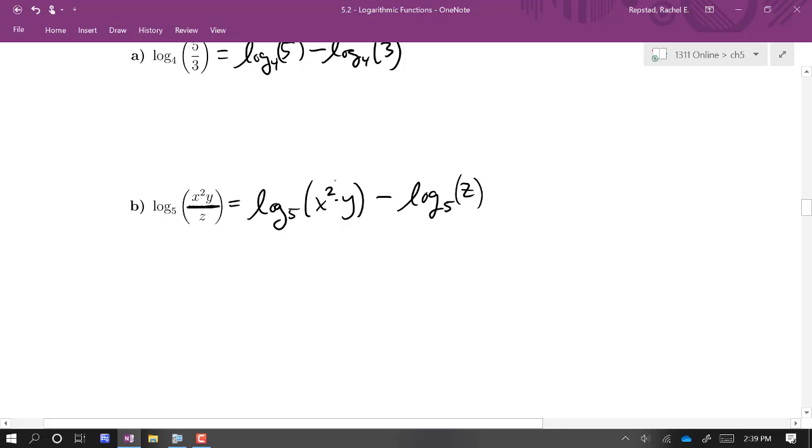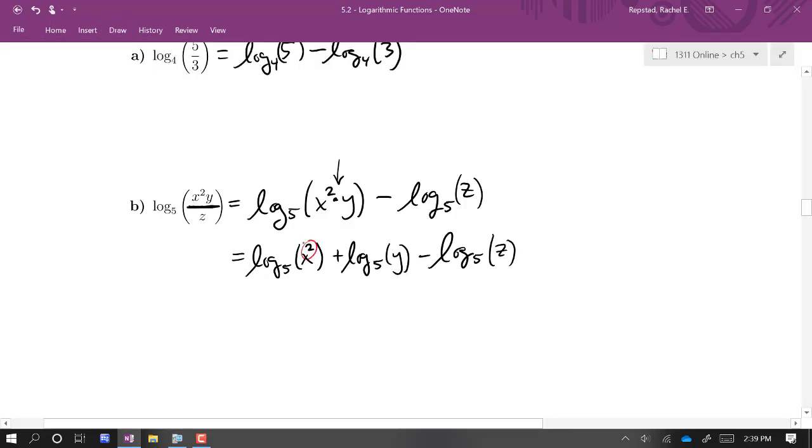Now this first log, there's a product inside, so I'm going to use that first property. It says I can split that up as a sum of logs. So we get log base 5 of x squared plus log base 5 of y minus log base 5 of z.